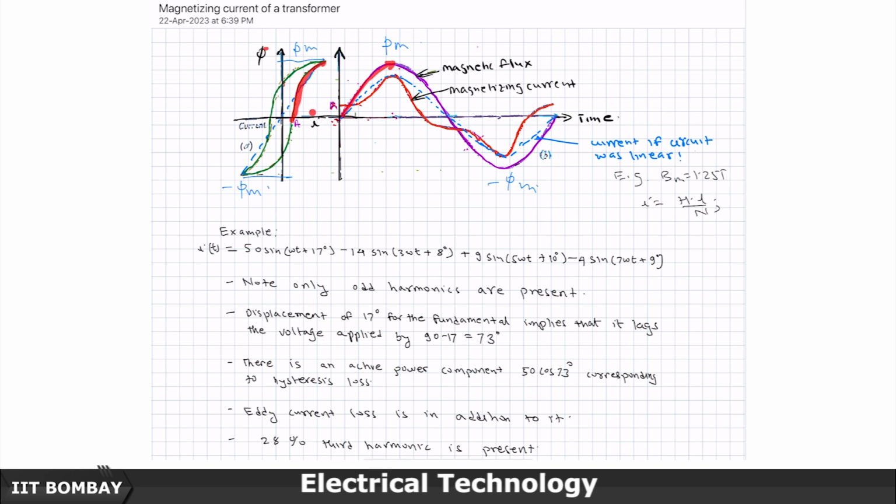This is phi versus I, this is phi versus t, difference is there. Phi versus t is growing like a sinusoid, but phi versus I, does it have a choice? No, it is defined by the hysteresis curve. For phi, you had a choice and you took a sinusoid with respect to t.